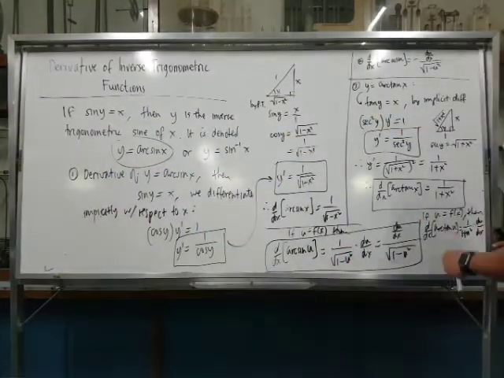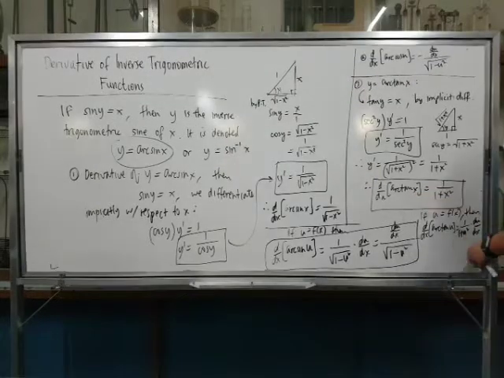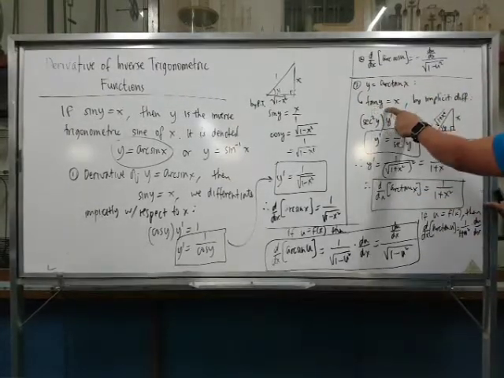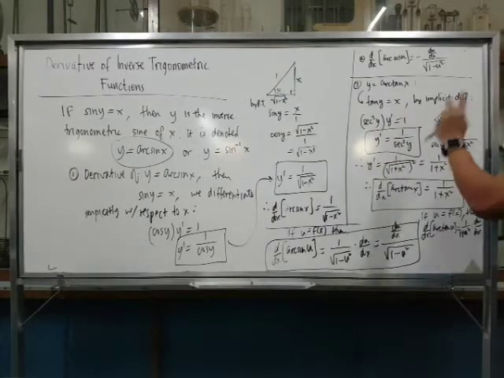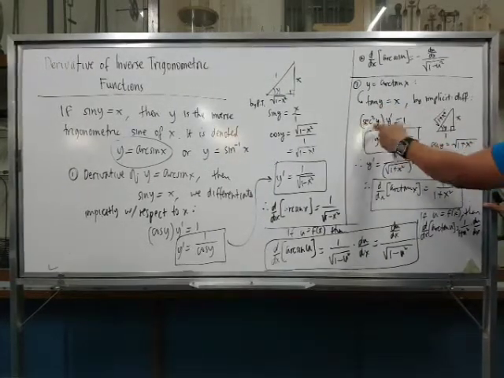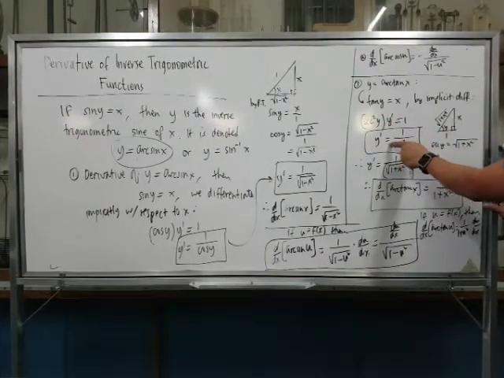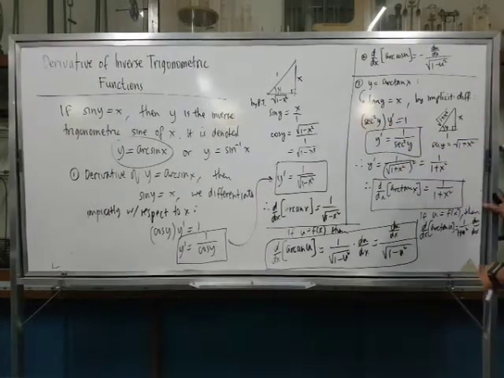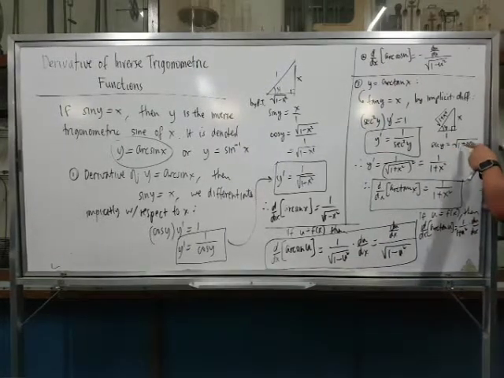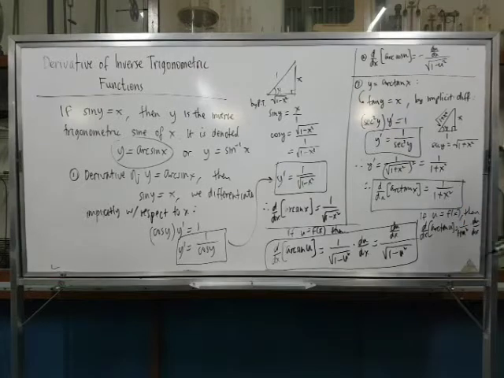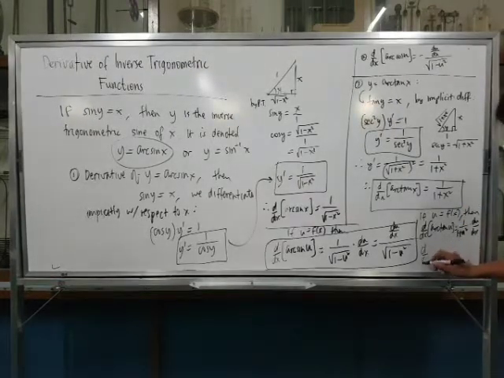Now, to find the derivative of arc cotangent, you just replace this by y equals arc cotangent x, so that cotangent y is equal to x, and the derivative of cotangent is cosecant squared y, but it's negative. So this is 1 over cosecant squared y. And cosecant squared y is the same as 1 plus x squared, so there will be just a negative in the result.